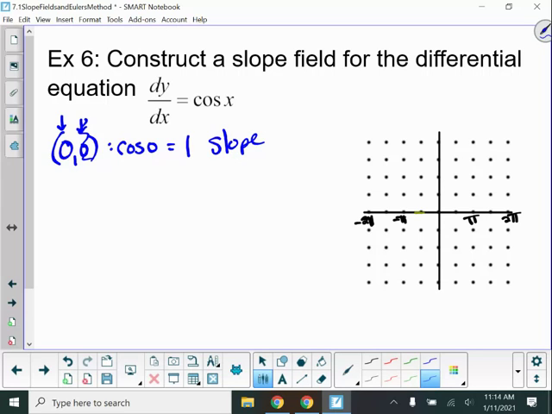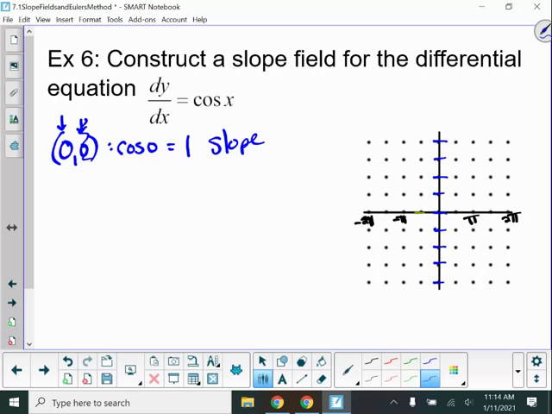So that's going to be actually the y-axis. So I'm going to have slopes of 0 at all of my 0 points. Again, going up by the y's doesn't really change anything because they're all going to have a slope of 1. So where else is cosine equal to 0?